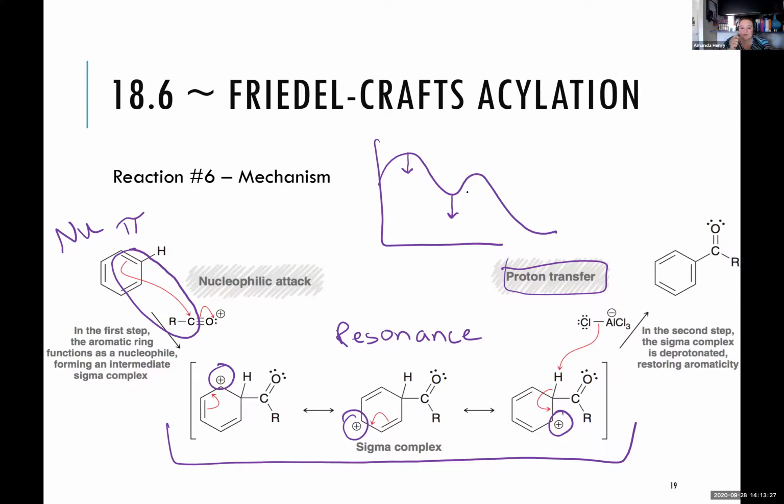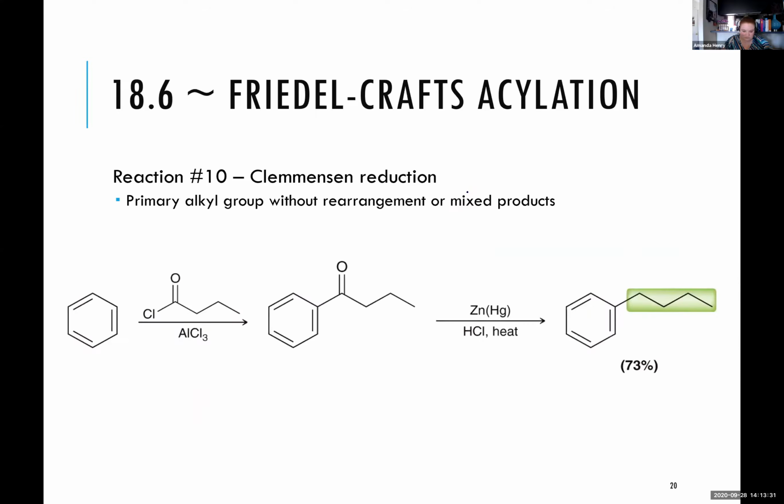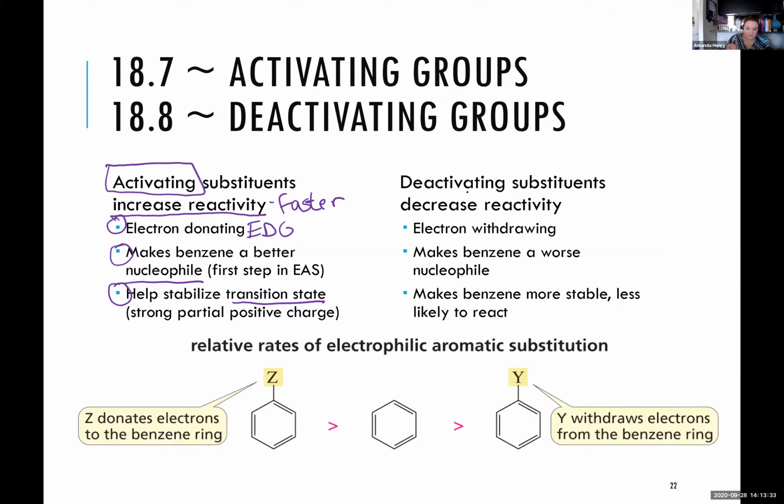So overall, the reaction is going to be faster. All right, so on the other half, completely opposite. Oh, and actually one more thing before we switch over to the other half. The activating substituent is just represented with a letter Z down here, just to say that it's going to react faster than our unsubstituted benzene in the middle. So just so you know what that means down there.